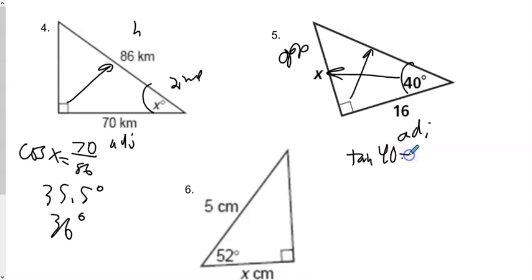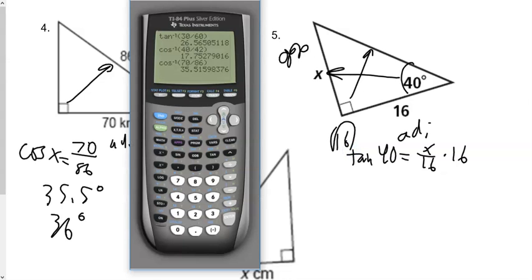Tangent of 40 equals TOA, opposite, over adjacent. X on the top, we multiply by 16. We take our calculator, and we just type in 16 times tangent of 40, 13.4.